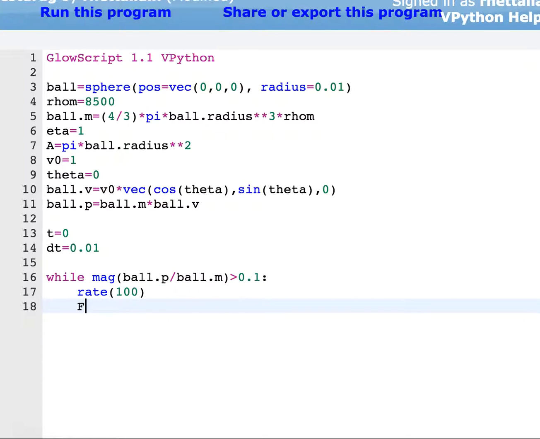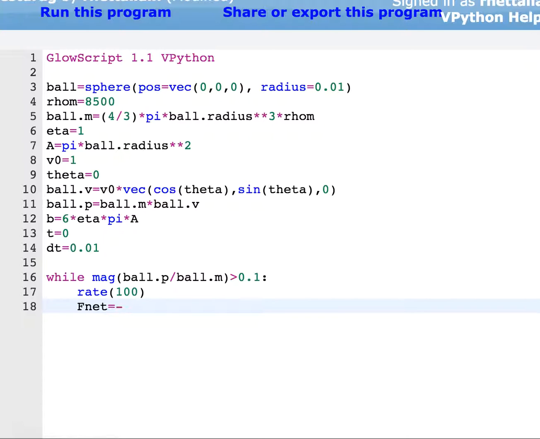Now I'm going to calculate the net force on the ball. F net equals, okay, up here I need B. So let's say B is equal to 6 times eta times pi times A. That's the relationship between the actual viscosity and this parameter B in the force.